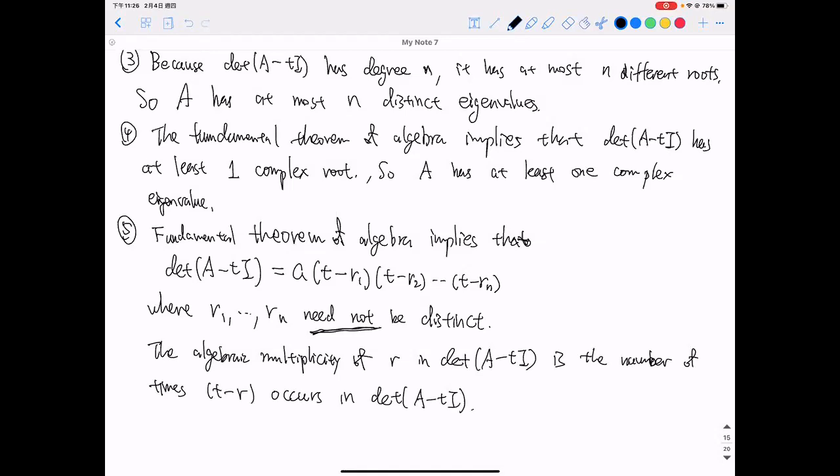So again, we know that the eigenvalues are exactly the roots of the characteristic polynomial. The polynomial always has n roots, but they may not be distinct. The number of repetitions a given root has is called its algebraic multiplicity.